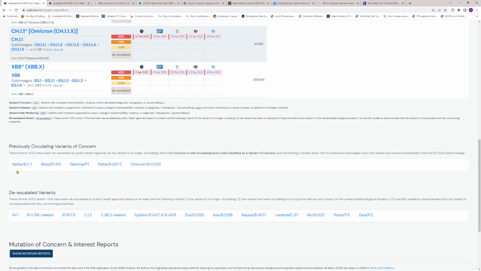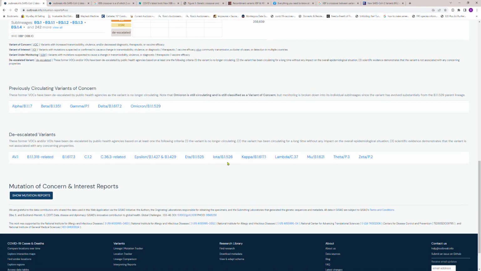Then I've got listed here, this is on the site Outbreak, previous variants: Alpha, the one in the UK; Beta, the one from South Africa; Gamma, the one in Brazil; Delta, the one in India; and a whole stack of other ones that never got very far, like Kappa, which I believe was in New York or California, Lambda, I can't remember where that was, Mu, Theta, Zeta.